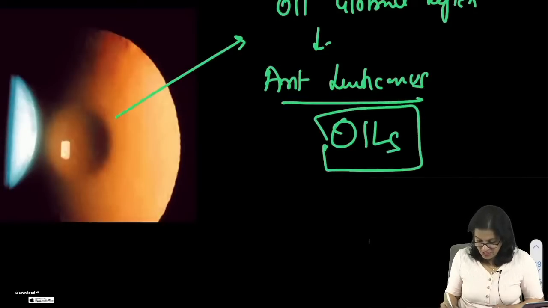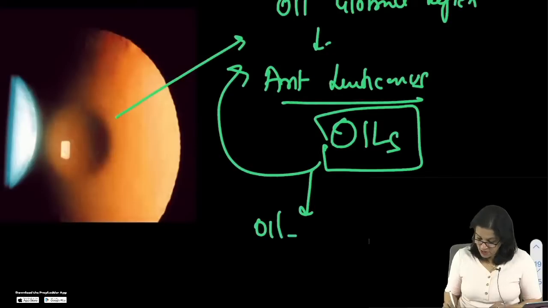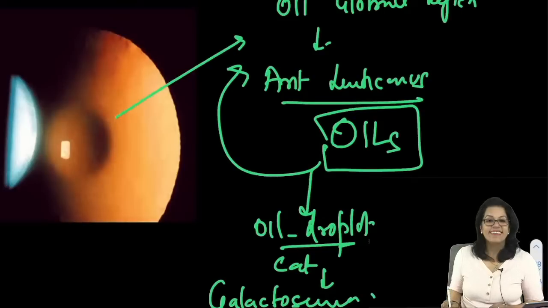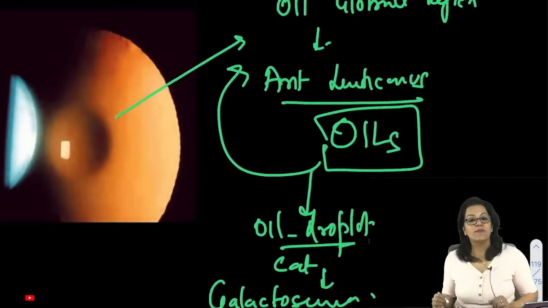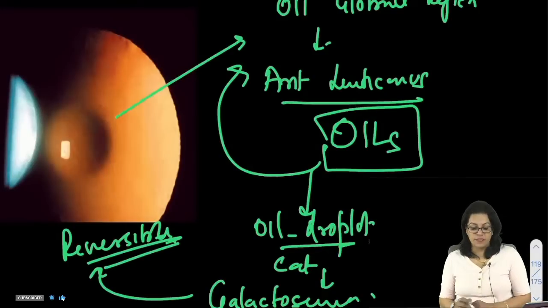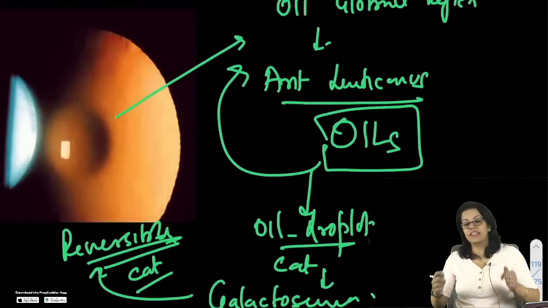Now, once we are talking about oil globule reflex, what are the other oils we know? There are three oils you have to know. One is this one. Second is oil droplet cataract. We will see that also. For oil droplet cataract, your answer should be galactosemia. There's another question on galactosemia. This is one cataract which can be considered reversible. Otherwise, cataracts are not reversible. And what is the third oil we learn?